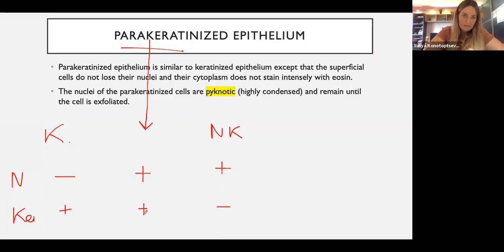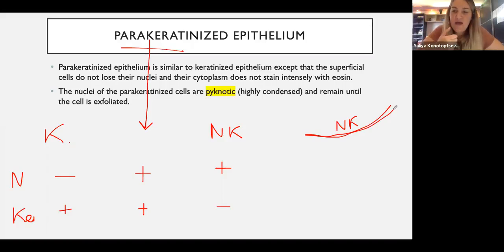Think about it this way. Let's imagine the following situation. You have non-keratinized epithelium, right? Somewhere here, let's imagine this is my inner cheek. And I'm a person who is constantly chewing on my right side.